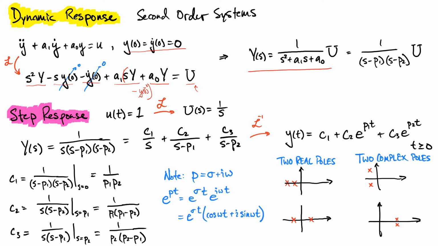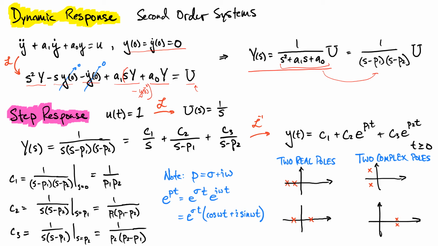So our Laplace transform of our output y looks like this. And if we wanted to, we could go ahead and factor this into two terms, and we'll call the two poles P1 and P2. And because there's a quadratic in the denominator, we know that the roots can either be both real or complex.